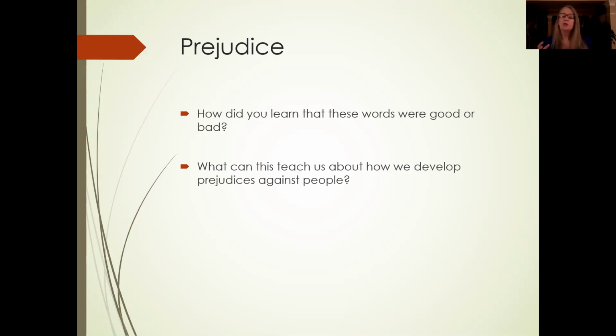Was a character who was white, did they have a higher status position than some of the characters that were African American or Asian or Native American? Did the male characters have more status than the female characters? Did the homosexual characters, if they let you know about that, have less status than the heterosexual characters?